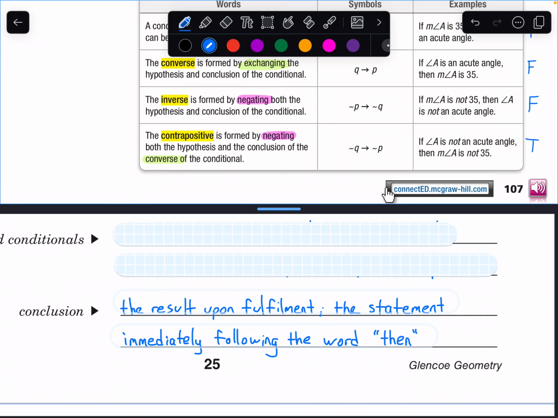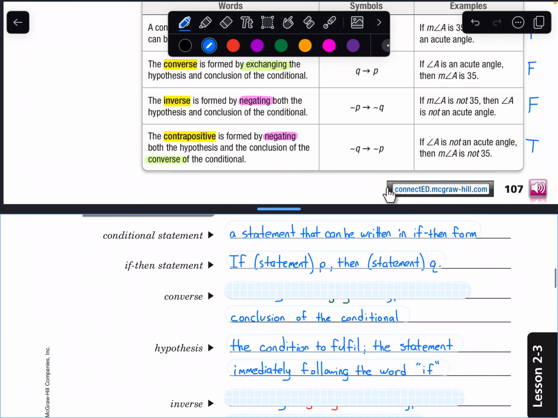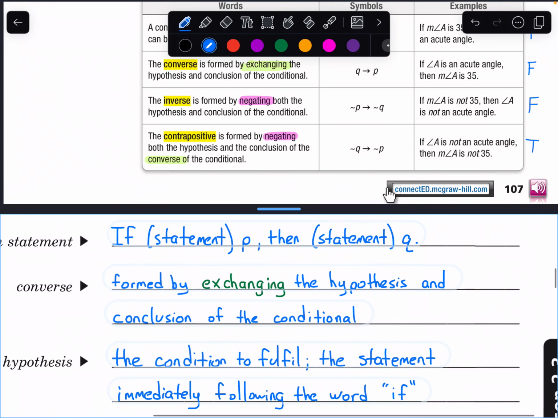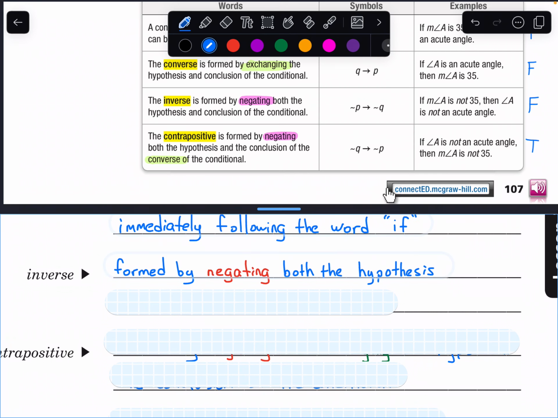Let's fill in some of our vocabulary now. The converse is formed by exchanging the hypothesis and conclusion of the conditional. The inverse is formed by negating both the hypothesis and conclusion of the conditional.